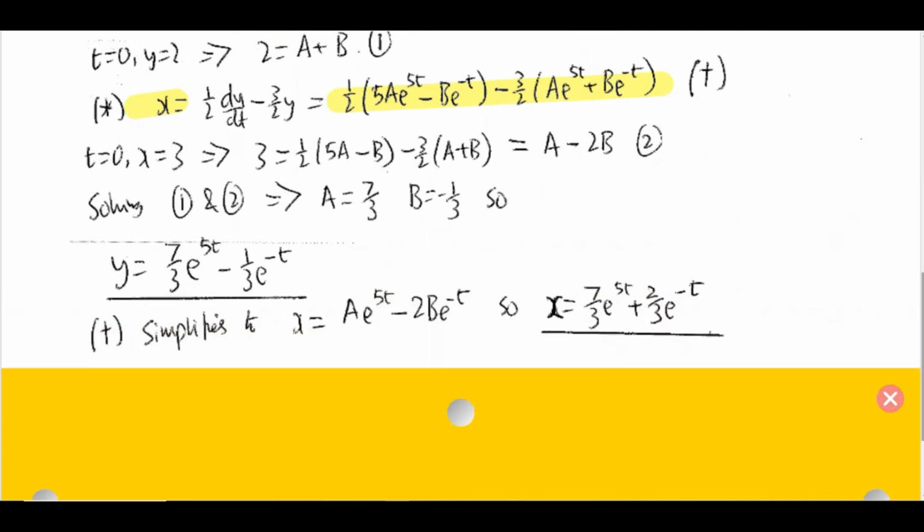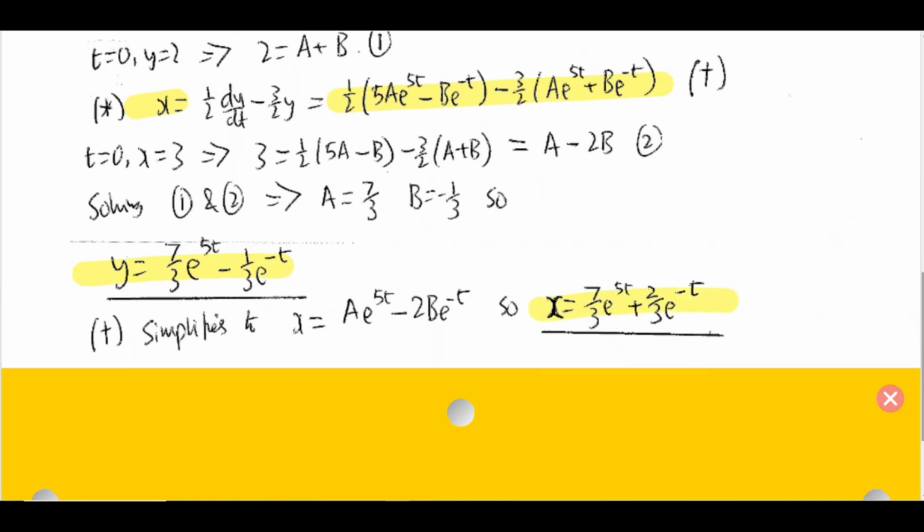So if you plug that in, expand the brackets and collect like terms, x is a e to the 5t minus 2b e to the minus t. If you sub in a is 7 over 3 and b is minus a third, you get the solution for x. So my answer is that's the formula for y and that's the formula for x.